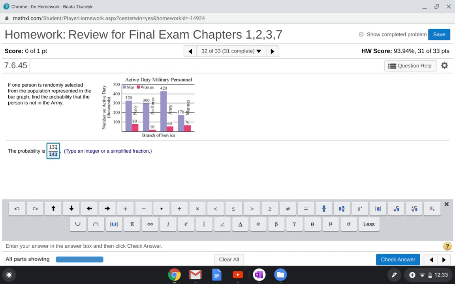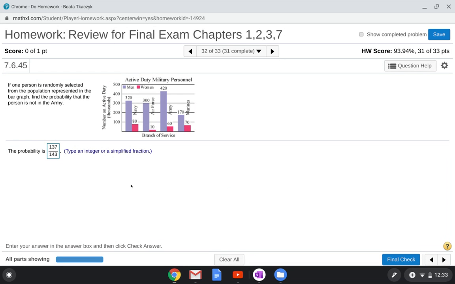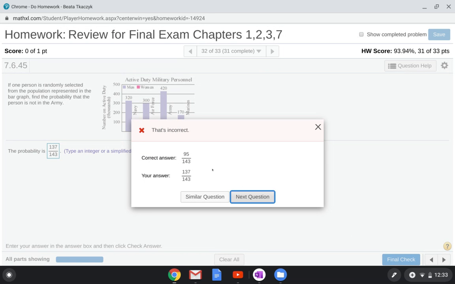Type integer. 137 over 143. Check answer. Okay, I did that. Final check. 95 over 143.